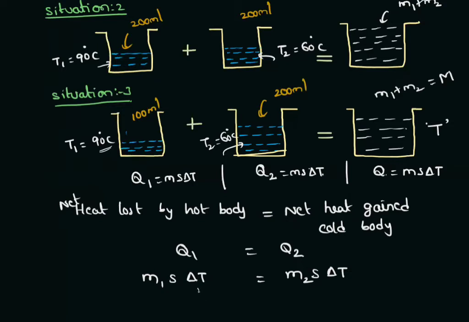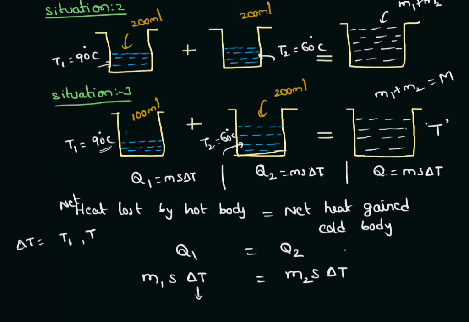How are you deciding delta T here? Delta T is nothing but the change in temperature, right? So compared with the first one, T1 and T are there. Between these two, you have to compare.